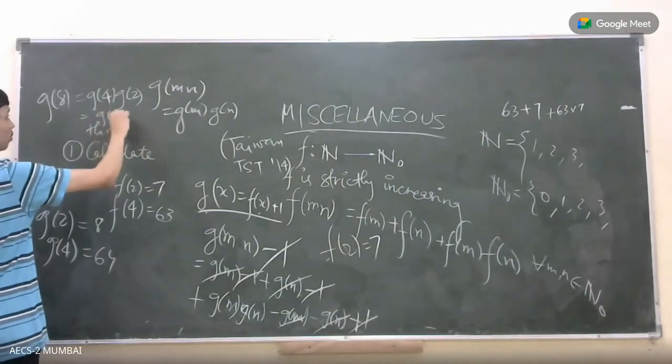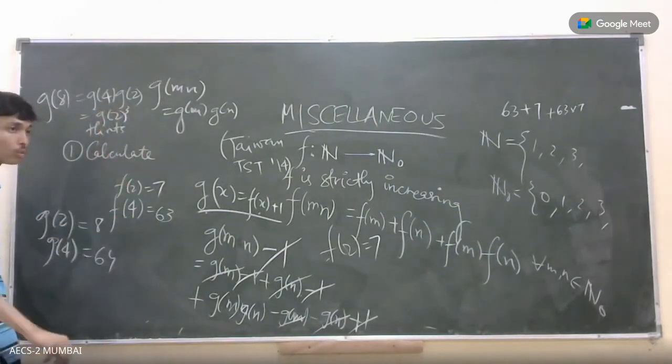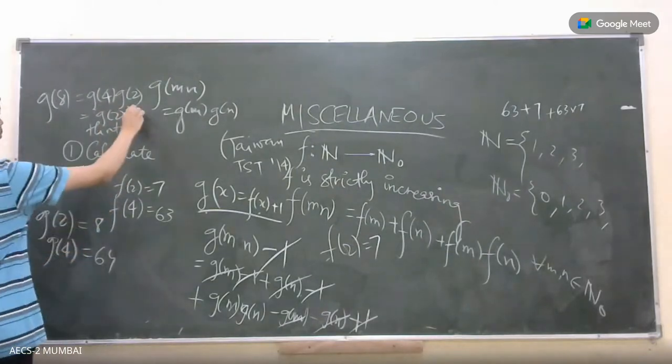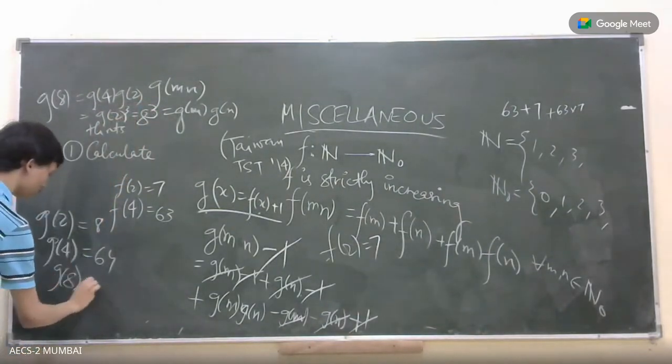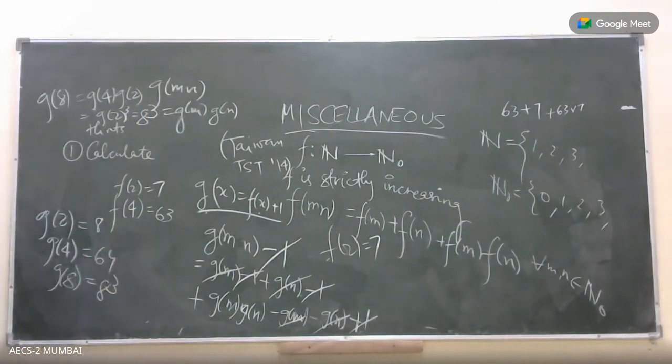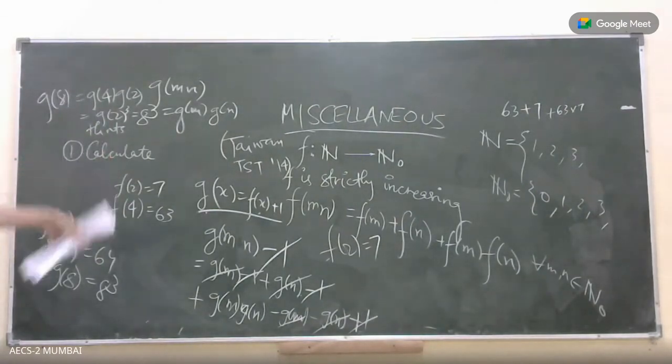This becomes g2 cube. What is g2? 8. So do you see a pattern here? Cubes, right? 2 cube is 8, 4 cube is 64, 8 cube.